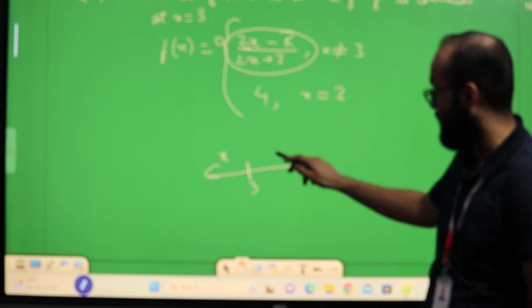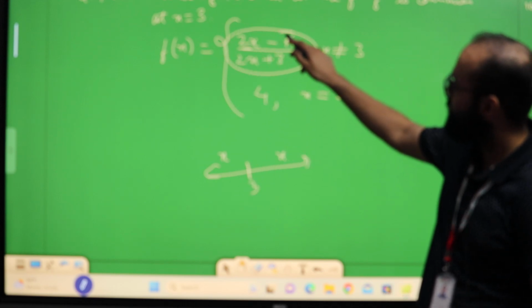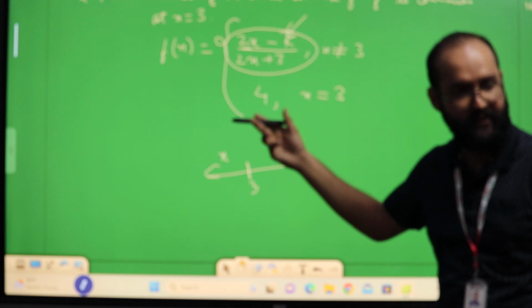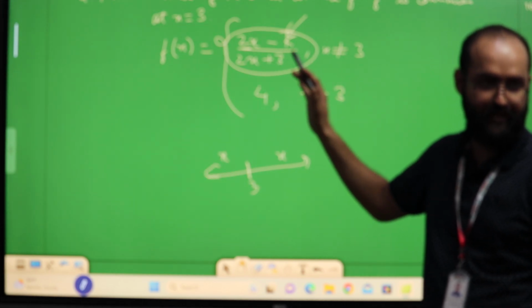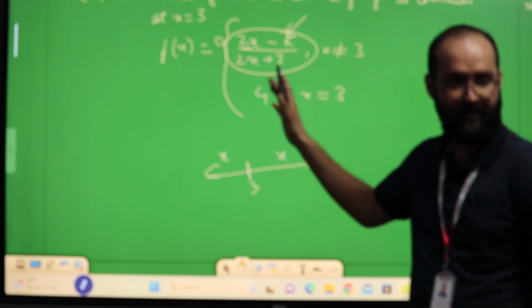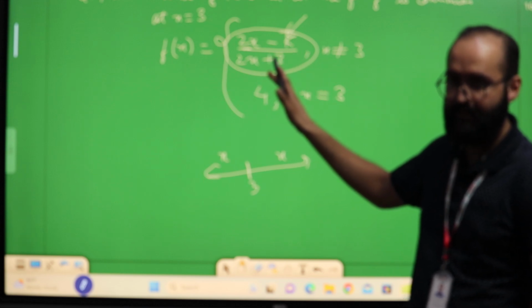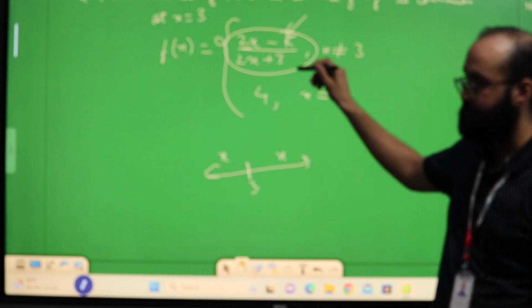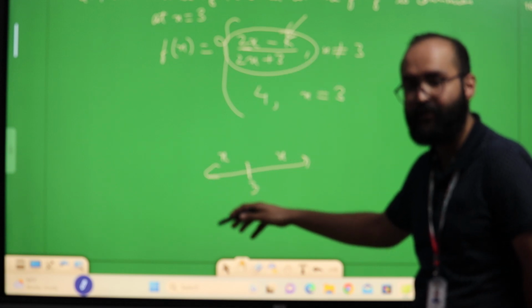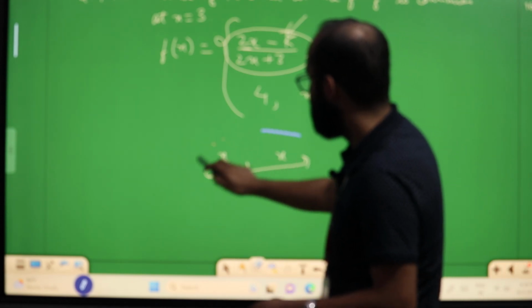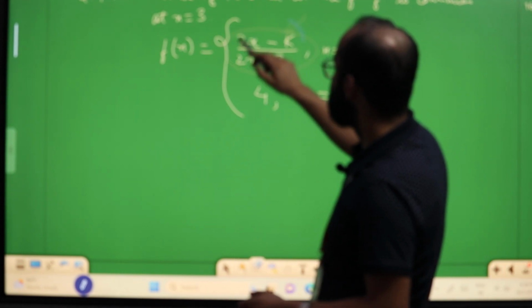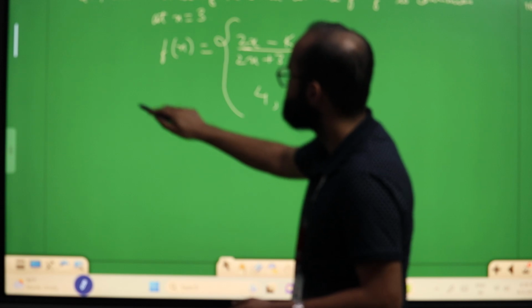And when x is on the right of 3, it will follow the same definition, isn't it? That is why here which continuity definition will you use?